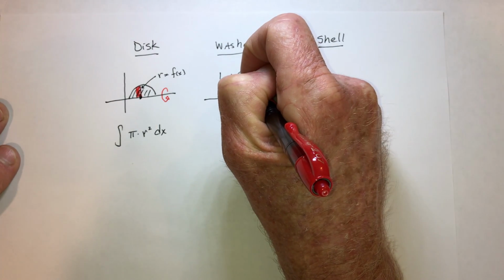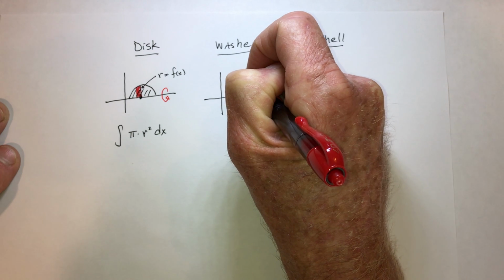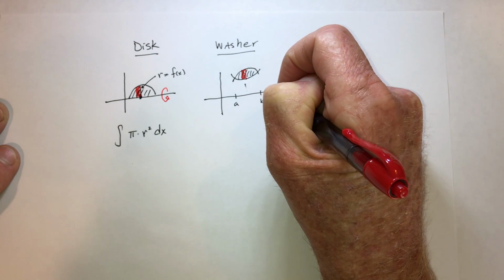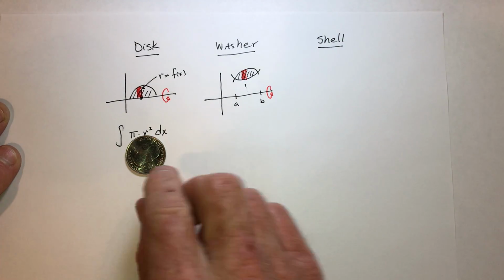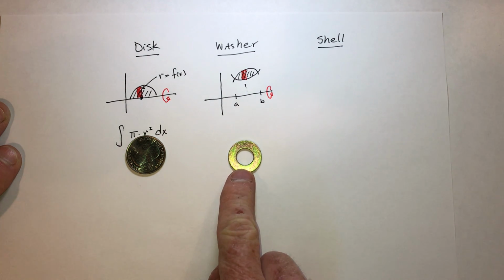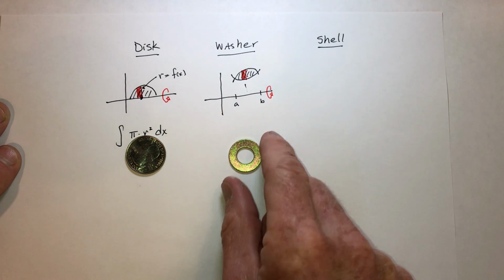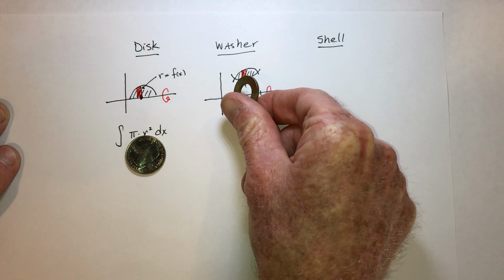So if you were to take the representative rectangle right here, and then rotate that about the x-axis, then it's got a hole in the middle. So instead of looking like a disc, it looks like a washer. Went all the way out into the garage to get that for you. So it would be like this, and then there would be the hole in it.